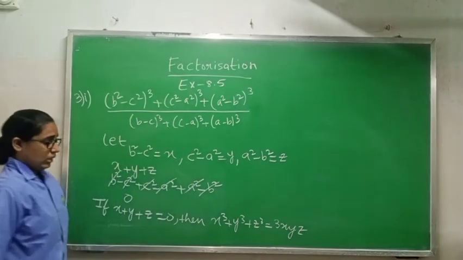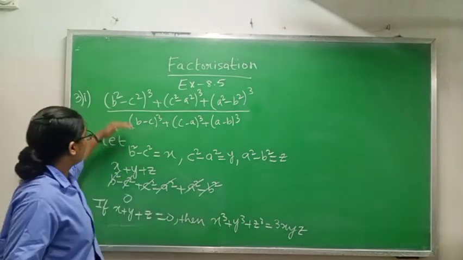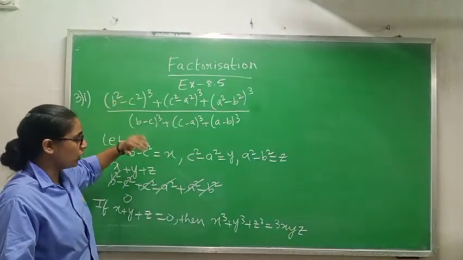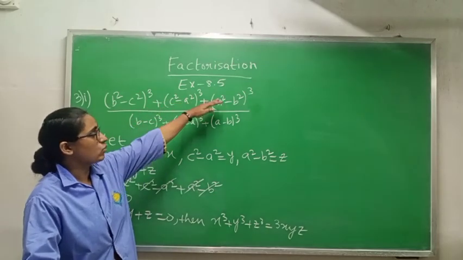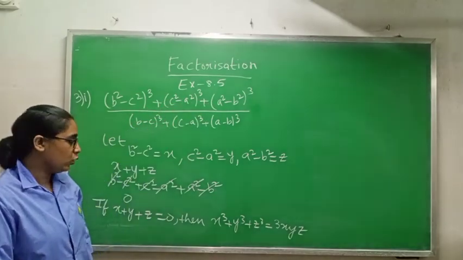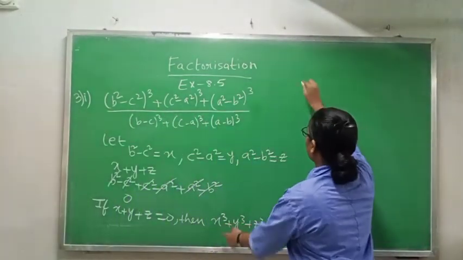Yes or no? Okay. So now x³ is (b² − c²)³, y³ is (c² − a²)³, and z³ is (a² − b²)³.